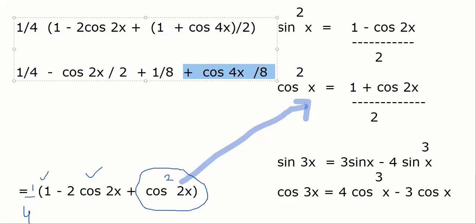So yes, sine square x, cos square x, sine 3x, cos 3x, these four formulas are very, very, very important. Shall I move on to the next type now? This you can solve easily: sine square x, cos square x, sine 4x, cos 4x, all this we can solve easily. Good.